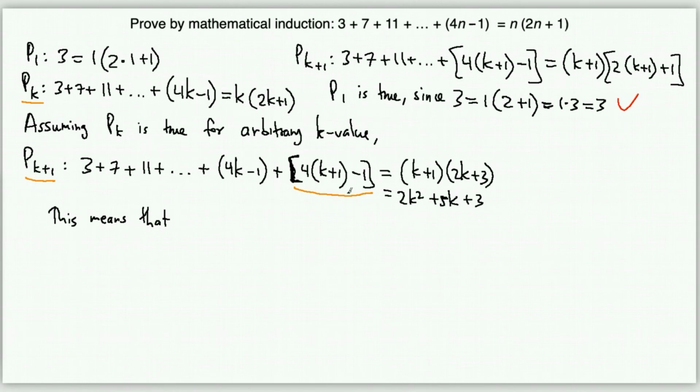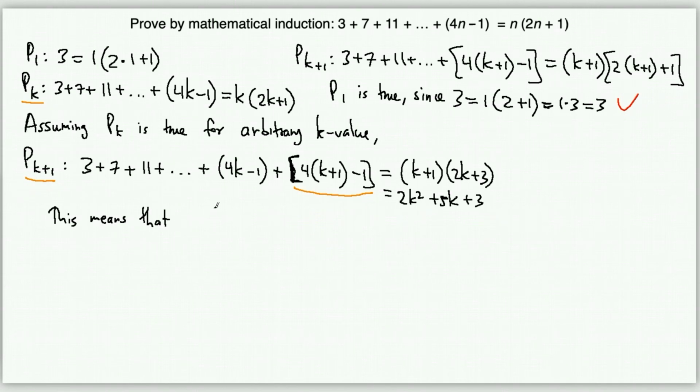So if we add this term on both sides of this statement, it should give us the Pk plus 1 statement. Then we have to verify the right side, and show this statement to be true, because right now we assume it's true. If we show it's true, then Pn, the given statement on the top, will be true for all n.